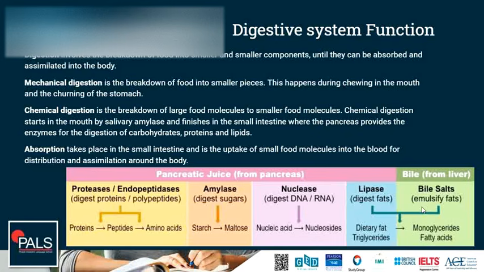Down here we can see some examples of chemical digestion where the enzymes on top: proteases break down proteins into peptides, into amino acids; amylase digests sugar, specifically starch, into maltose; nucleases break down DNA and RNA into nucleotides; lipases digest fats with the help of bile salts.